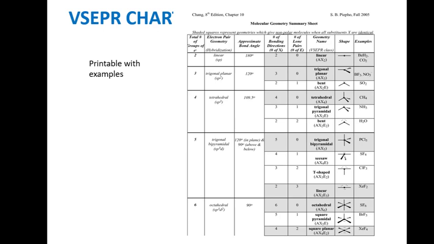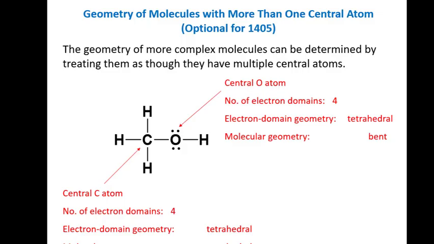But it's very important that you understand how to determine the number of electron domains, because otherwise you're not going to be able to identify where you should go on the table. And also you need to know how to do the Lewis structure, because otherwise you're not going to know how many electron domains there are. So you see how Lewis structures are important.